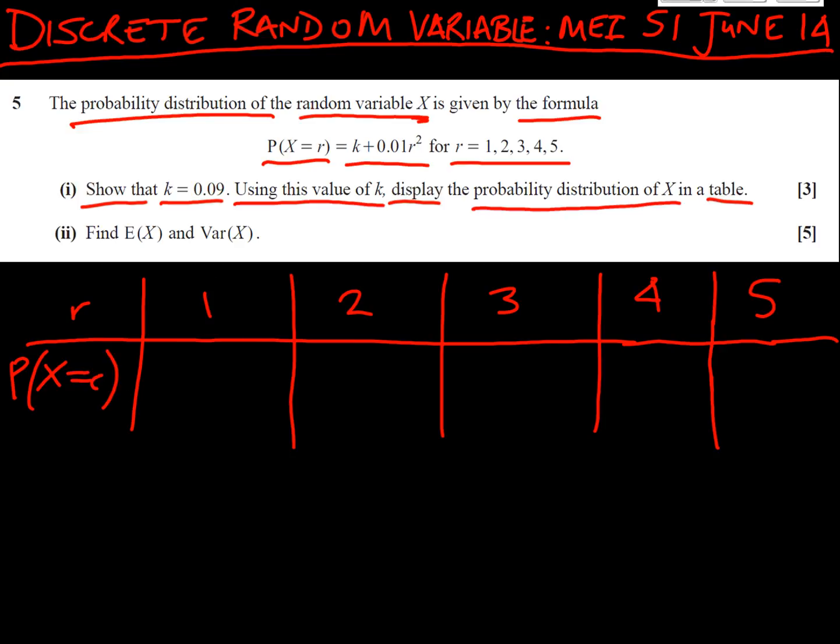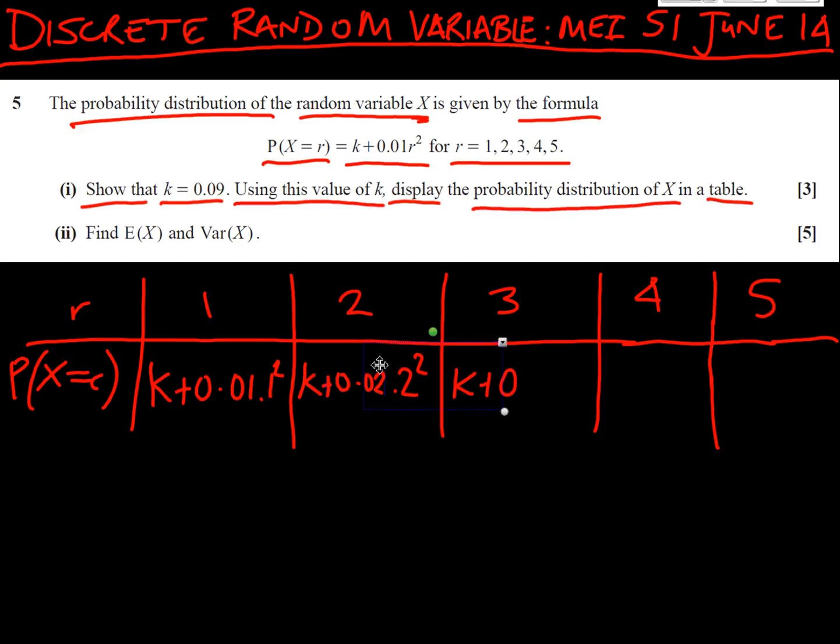In the first column we know that r equals 1, so our probability here is going to be k plus 0.01 times 1 squared. The second one is going to be k plus 0.01 times 2 squared, and we can follow our way on through.